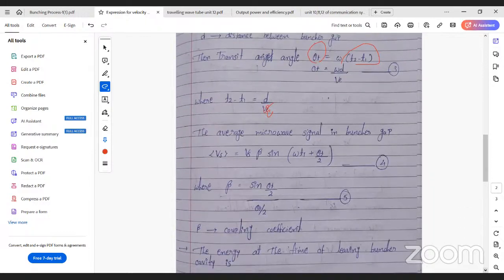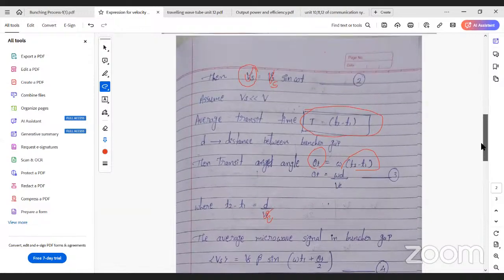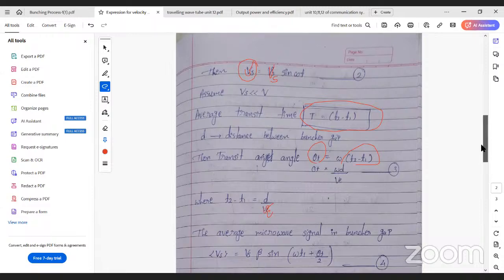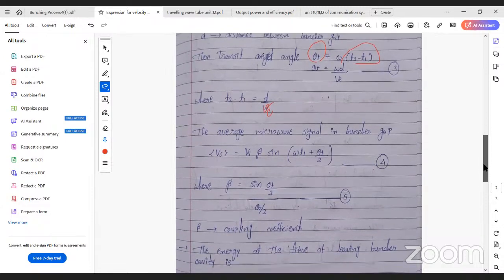Next, we are substituting this into the first equation. Just now we discussed what Vs is: small Vs equals capital V equals Vs times sine omega t.